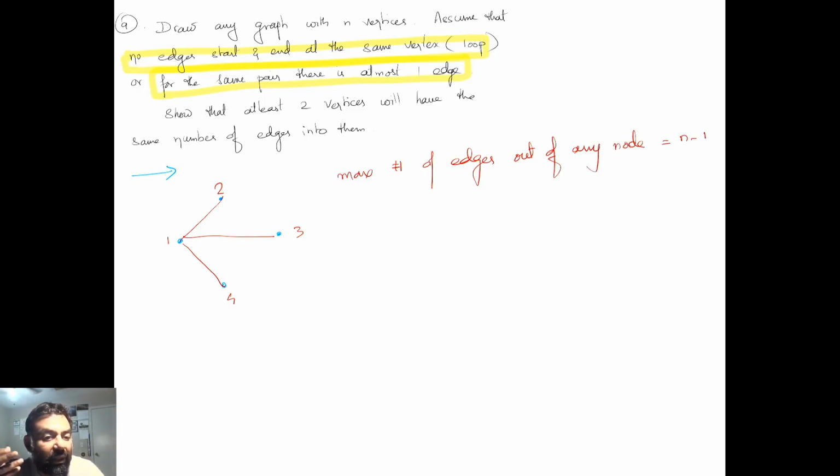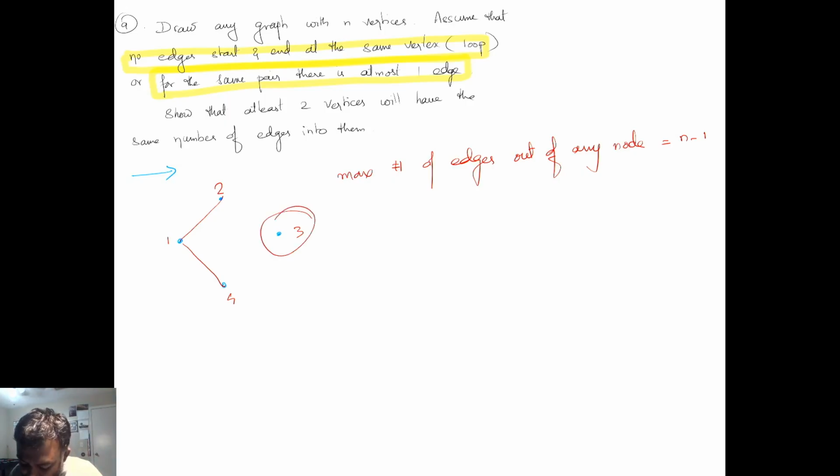Clear? If there are 4 nodes, then starting from 1 I can go to 2, 3, 4, all the way up to n minus 1, right? The same thing, if you start at any other node, you can always go to all the other n minus 1 nodes, right? What is the minimum number of edges? Let's ask that question. Suppose I had a graph like this, right? Then what about node number 3?